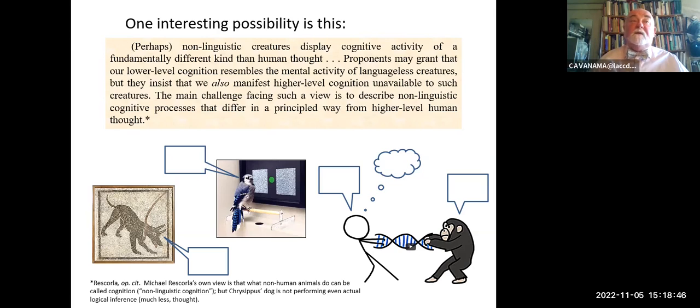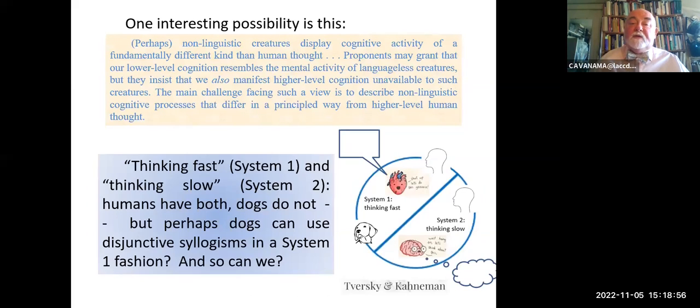This is work that still could be done, but it's at least a possibility. We could talk about cognition across a whole range of species and yet not necessarily talk about thinking across that same range. There's an interesting thesis about human cognition and human knowledge called thinking fast, thinking slow. It comes from Tversky and Kahneman, a famous body of research.